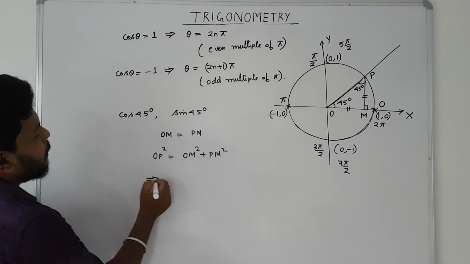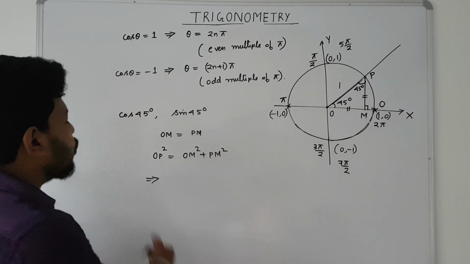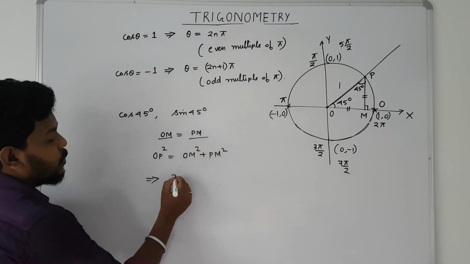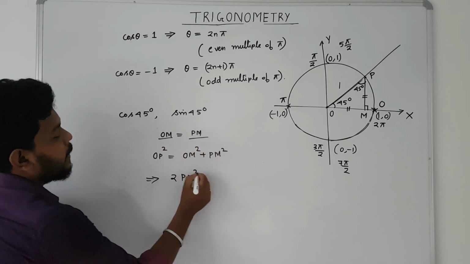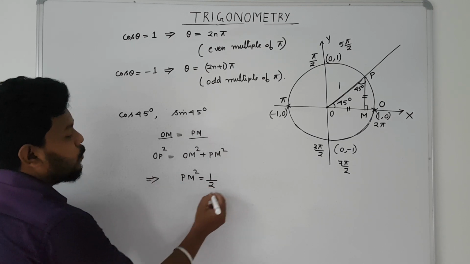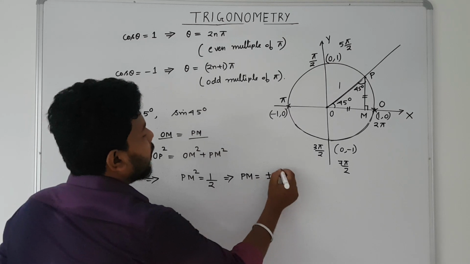Now what is your OP? OP is equal to 1, as it is a circle of radius 1. So OM and PM are equal, so it will be twice PM square is equal to 1. It means PM square must be equal to 1 by 2. It implies the value of PM is equal to plus minus 1 by root 2.